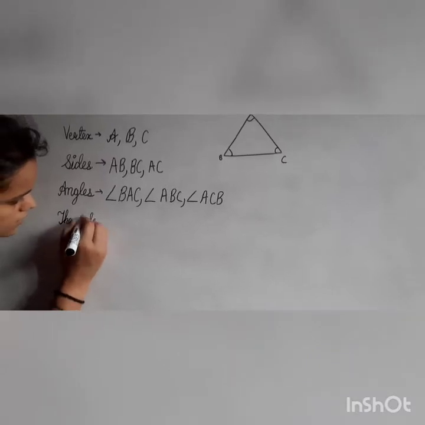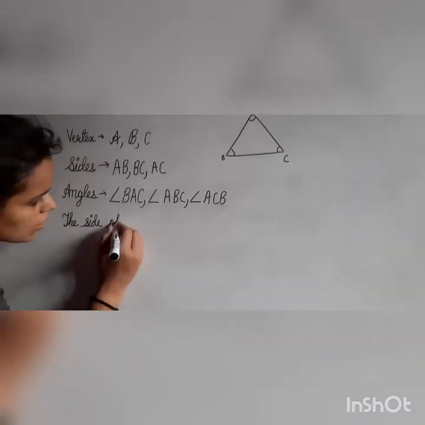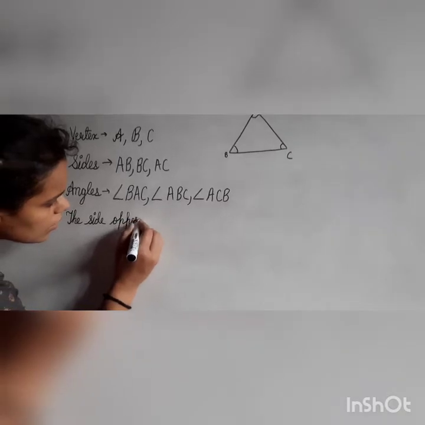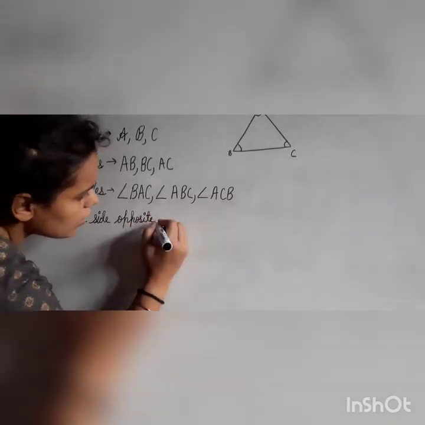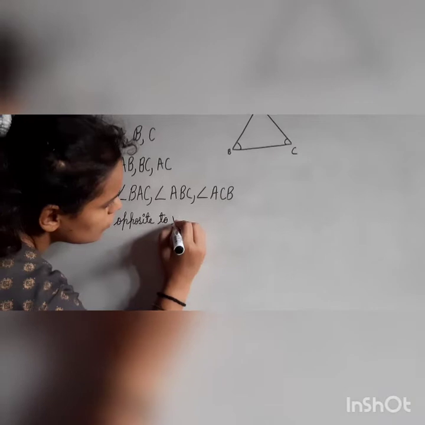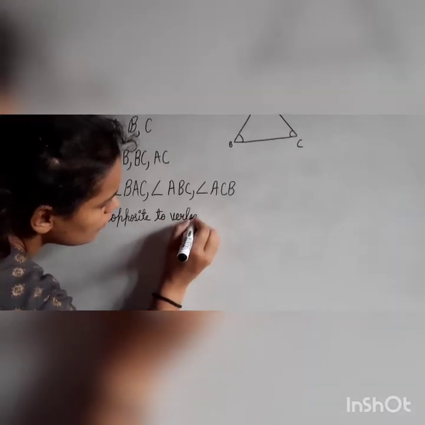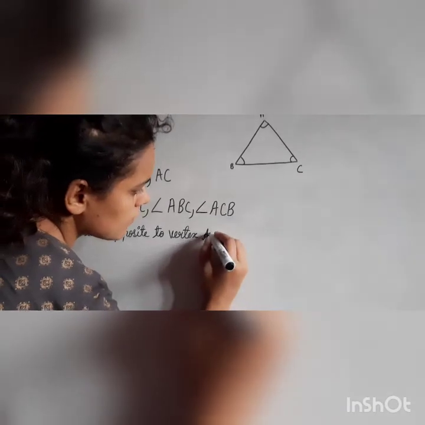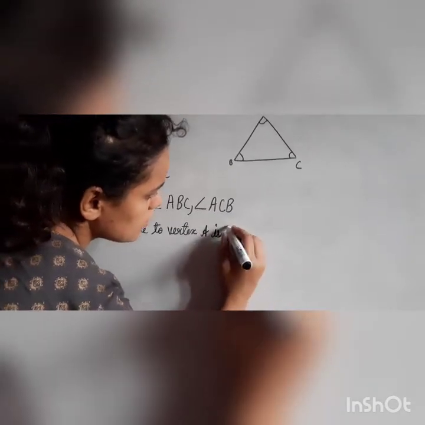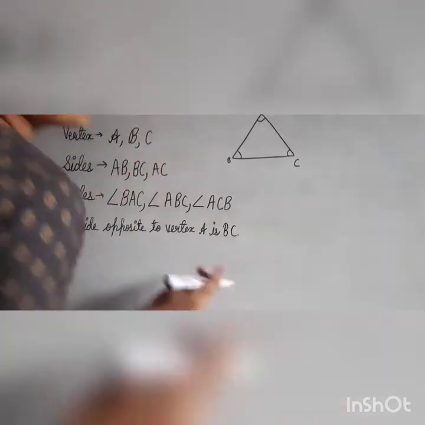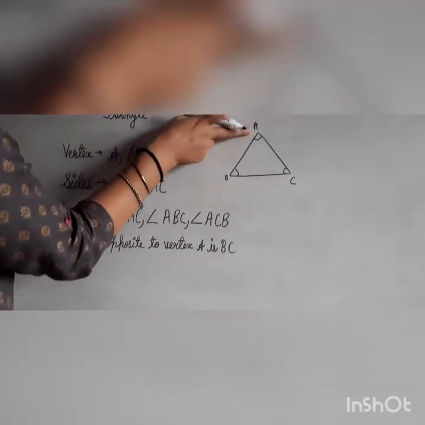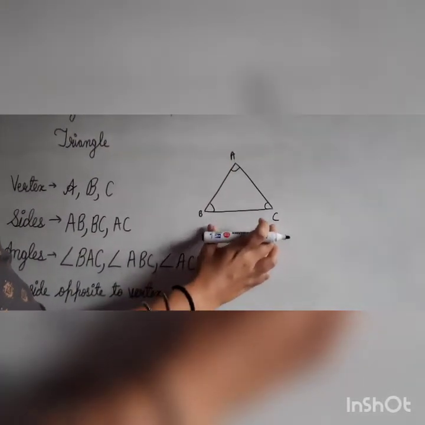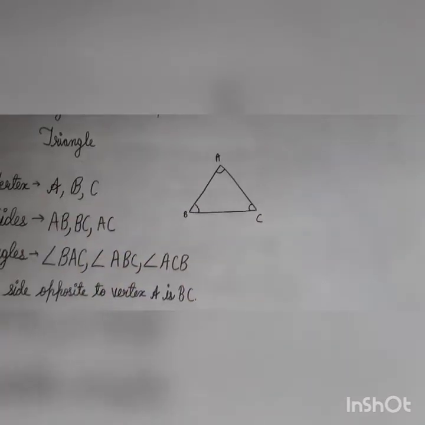The side opposite to vertex A is BC. You can see that this is vertex A and the opposite side is BC.